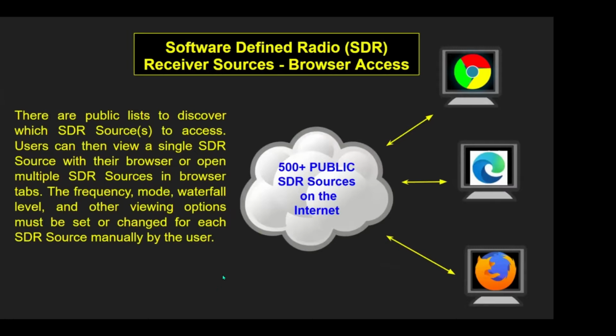So what are software-defined radios if you don't know? They are radios out there on the public internet. They're typically accessible with web browsers, and there are over 500 public SDR sources out there, probably many more than that. They are used by ham operators and shortwave listeners and others to listen to radio frequencies.